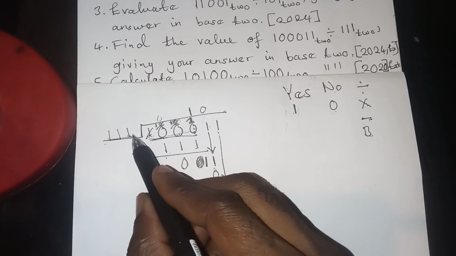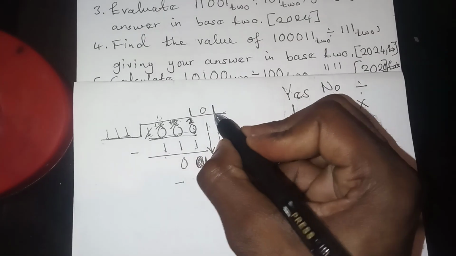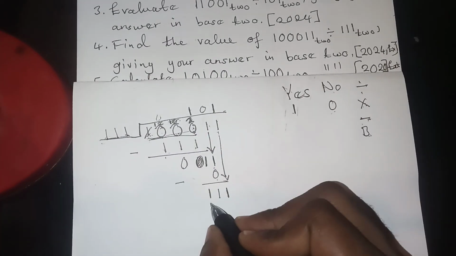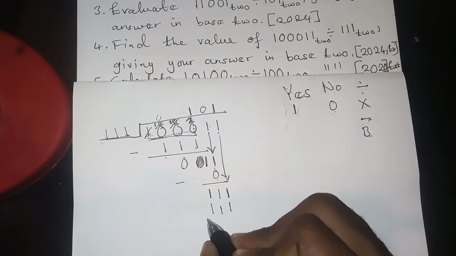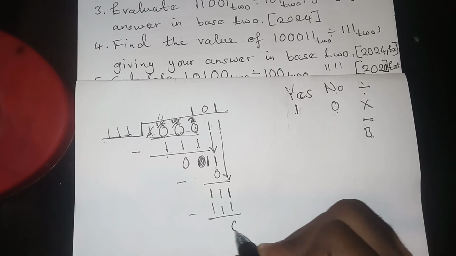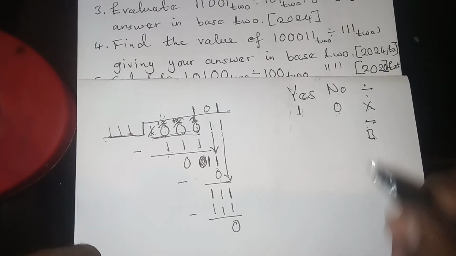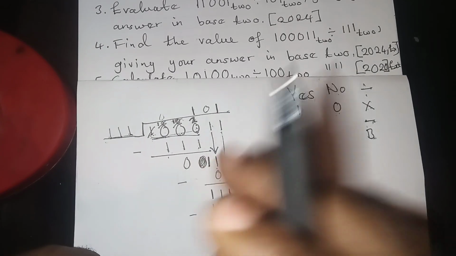And then 111 into 111, that's a 1. And then 1 multiplied by 111, you have 111. Then you can subtract again so that you have a 0. And because you do not have any number to bring down, you are done. So this is the answer here.